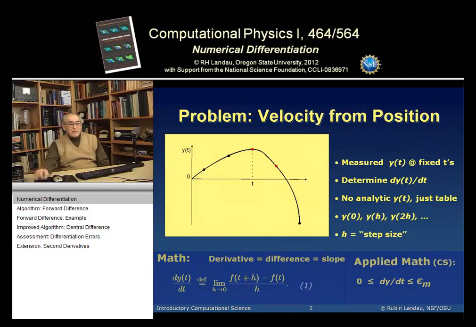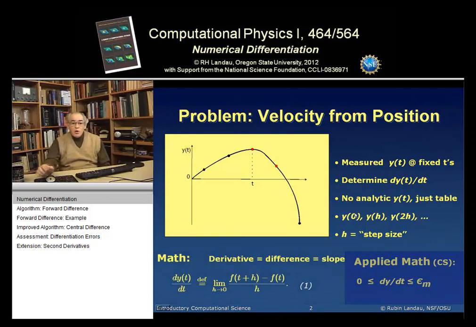Now the truth is, even if we had a complicated analytic expression, it's often easier and less problematic, with less chance for error, to just do a numerical derivative. And so y of t could be measurements, it could be the results of a simulation, it could be some complicated expression. And we imagine having it at time 0, time h, time 2h, as if these are uniform step sizes. They don't have to be. If you have a function on the computer, you could be evaluating the function at whatever times are needed. So we'll think of that too. But here h is the step size.